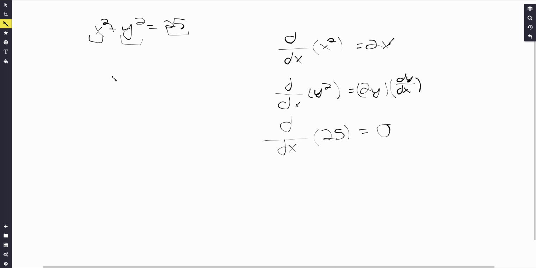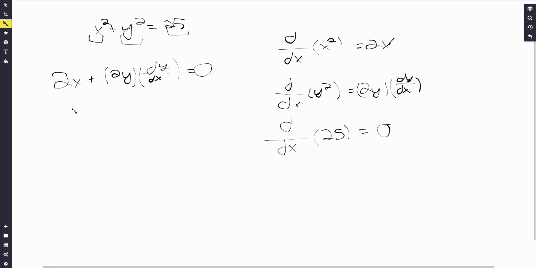So let's rewrite with what we have. The x squared turns into the 2x, and then plus we have 2y times dy over dx, and that is equal to 0. What you guys want to do after this step is solve for dy dx, because we want to solve for the derivative of the function, and dy dx can be written as a derivative.